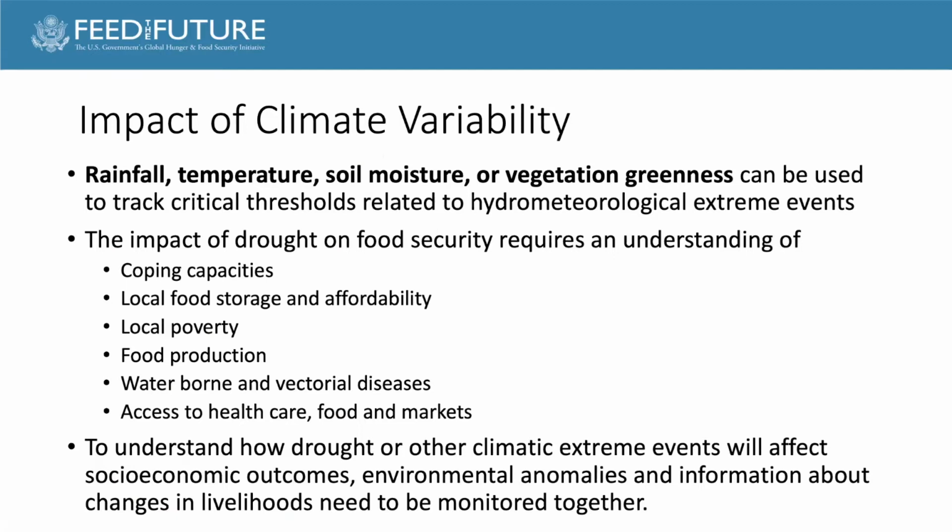So part of how we relate the meteorological effect of drought on food security includes the coping capacities of the people involved, local food storage and affordability, local poverty, the amount of food produced, the exposure of a community to waterborne and vectorial diseases, and of course, access to healthcare, food, and markets.